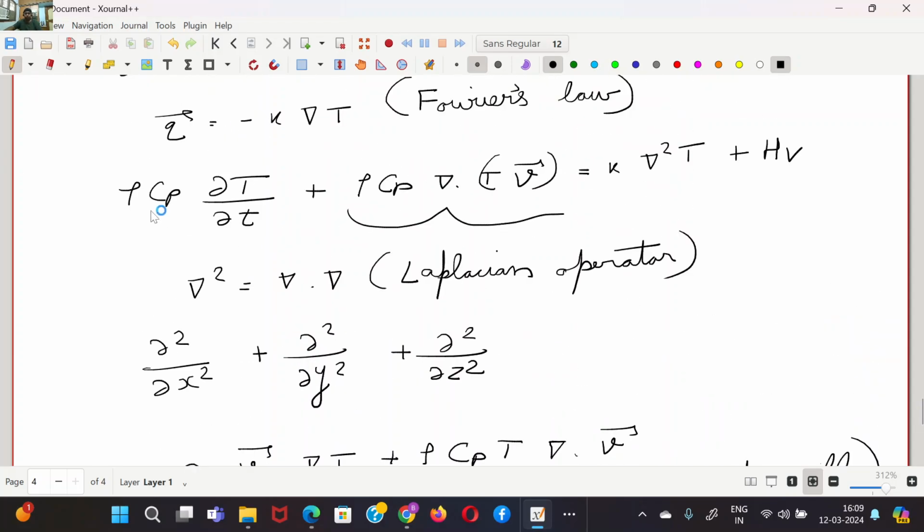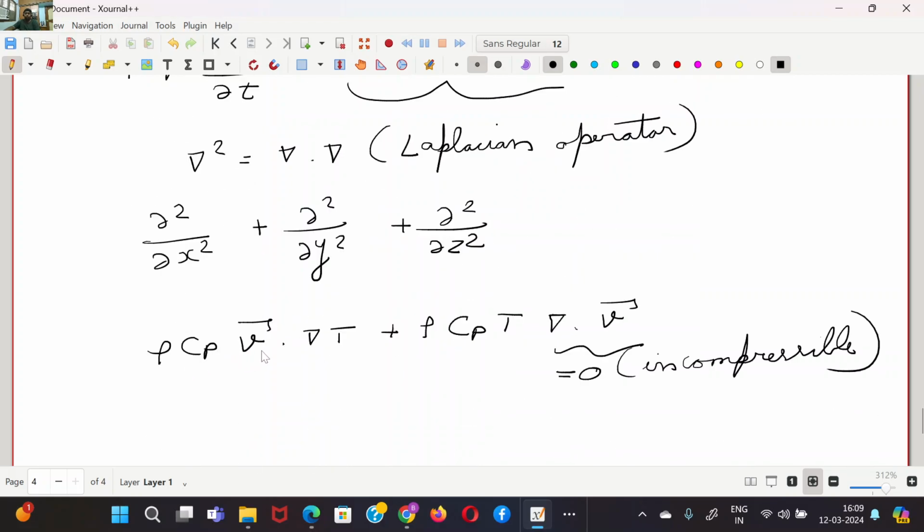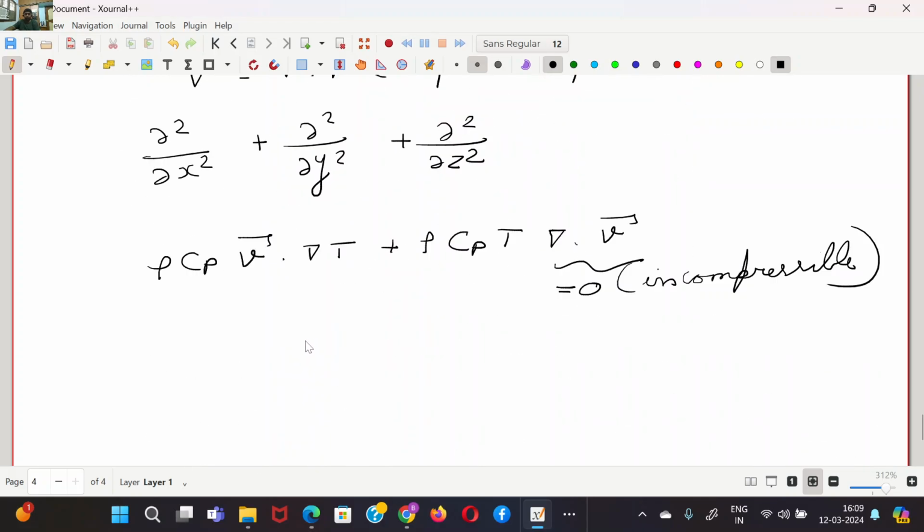We are left with rho Cp dT by dt plus rho Cp v dot del T. It is nothing but the substantial derivative, right? We already saw this concept of substantial derivative in the fluid flow part. So here also it is equal to k del square T plus H v.